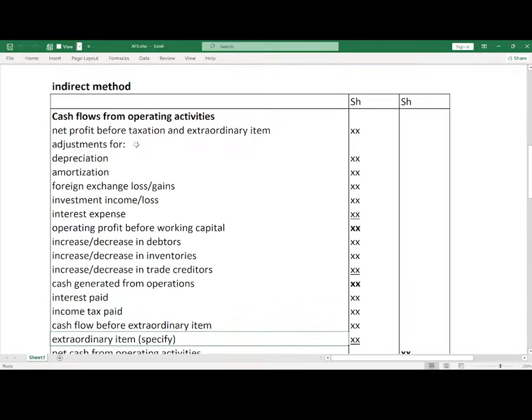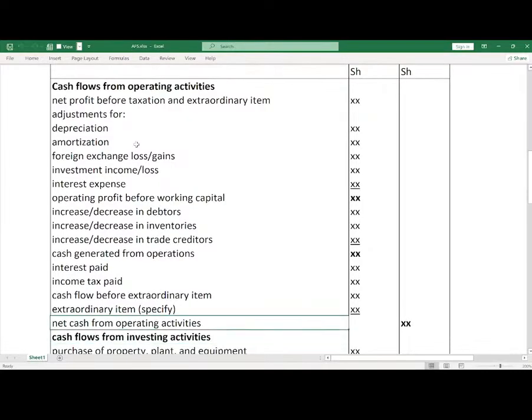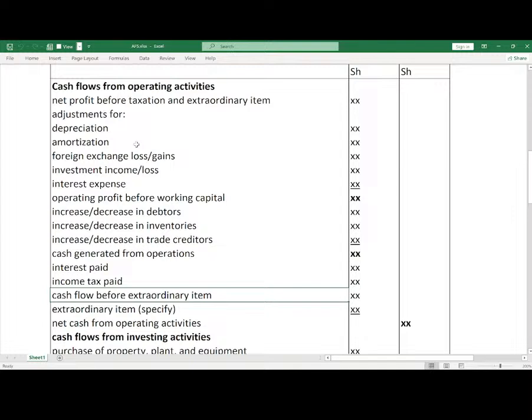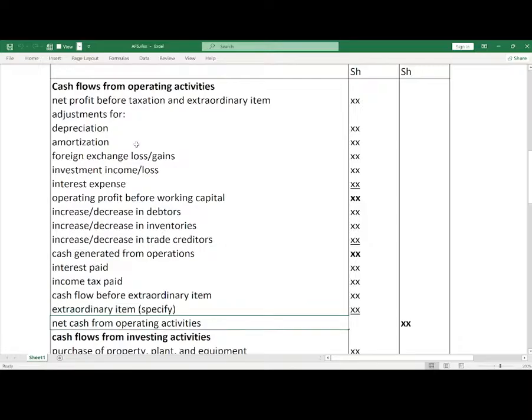We have to add all this, so that now we can also have the cash flow before extraordinary item. If we have extraordinary item, you have to specify it, and then you have now to get the total net cash from operating activities. So those are the scenarios that we do in our indirect method.